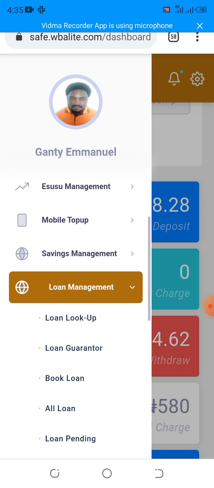Ignoring this lookup might cost you loss of funds, capital or principal. So it's very important you do your lookup first before issuing out a loan.